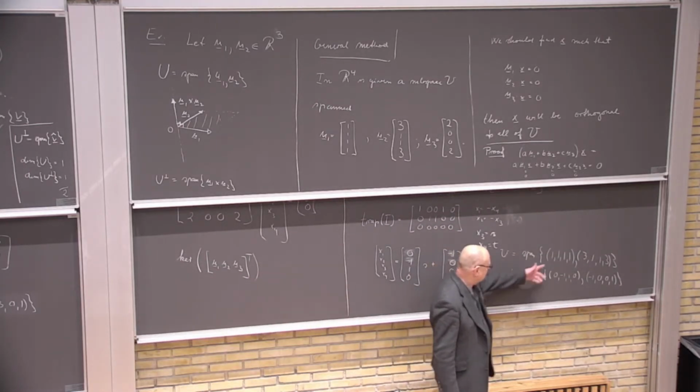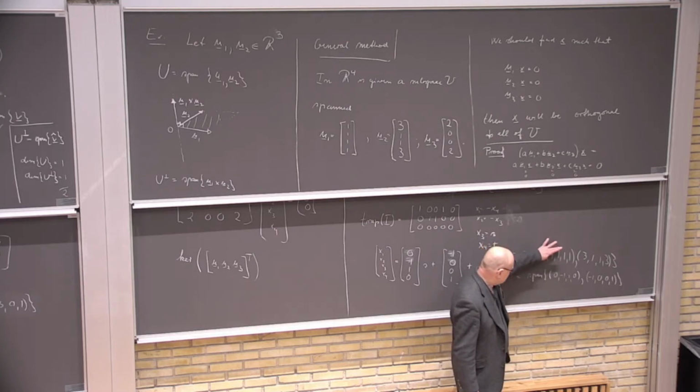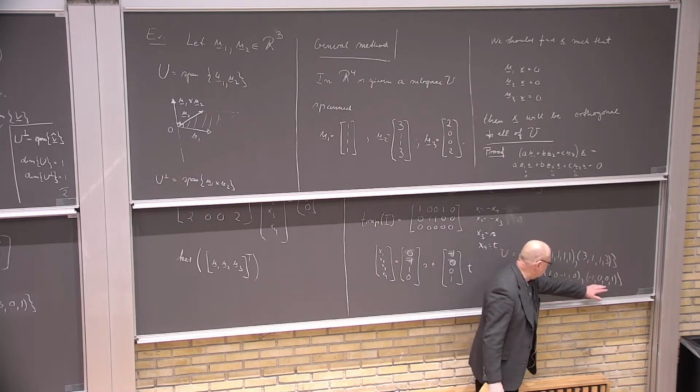Now, you can see here that they are indeed orthogonal to these vectors. If you multiply these 2 vectors, you get minus 1 plus 1, that is 0, and this one, minus 1 plus 1, 0. Similarly here, minus 1 plus 1, 0, and so forth.